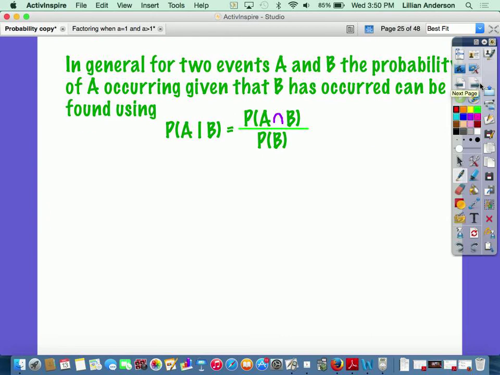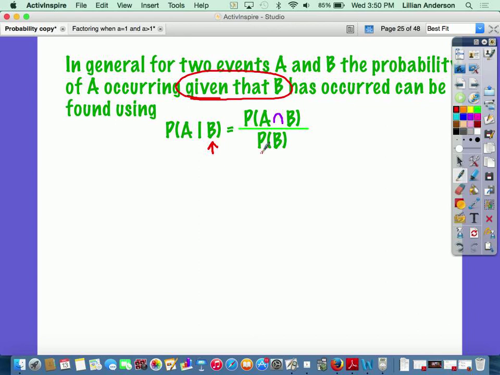In general, for two events, A and B, the probability of A occurring given that B has occurred can be found by using this formula, and this is the formula for conditional probability. Okay, it's the probability of A intersection B divided by the probability of B. Now what you have to realize is that whatever the given is, that always goes second in the formula for conditional probability.